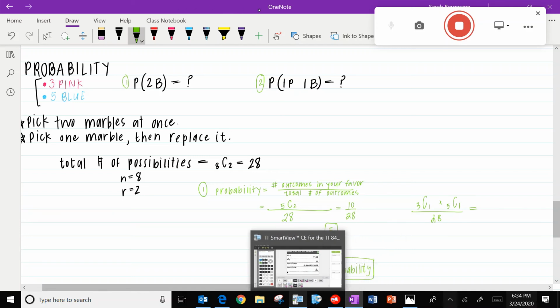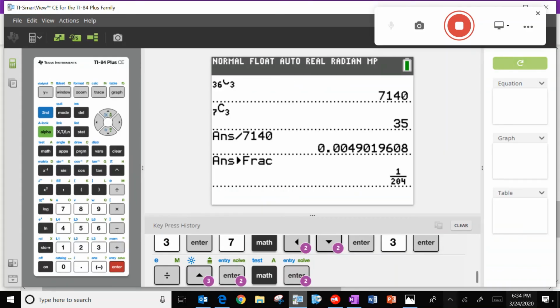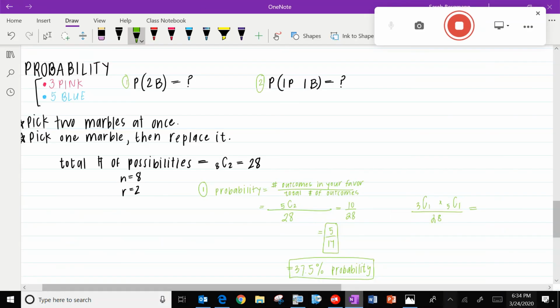So we'll go to our calculator and type in 3 choose 1 times 5 choose 1. Well, actually, 3 choose 1 is just 3, 5 choose 1 is just 5, so that's 15 over 28.